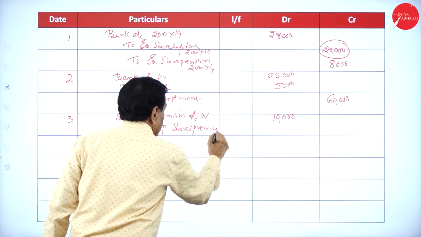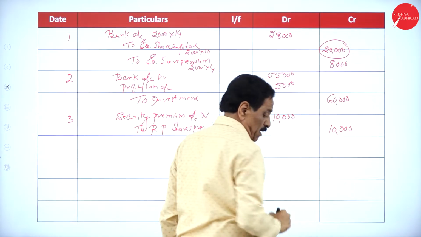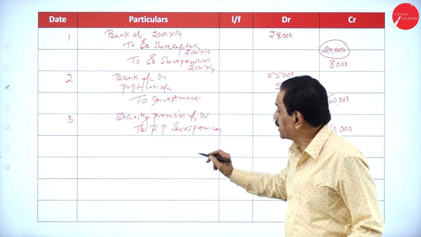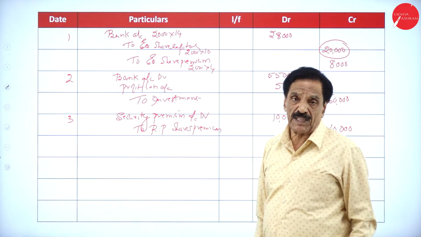Premium to premium 10,000. So you satisfied. Premium to premium has been satisfied. What's the entry? Securities premium account debit to redeemable preference share premium.